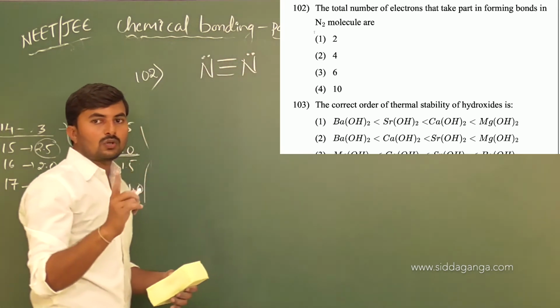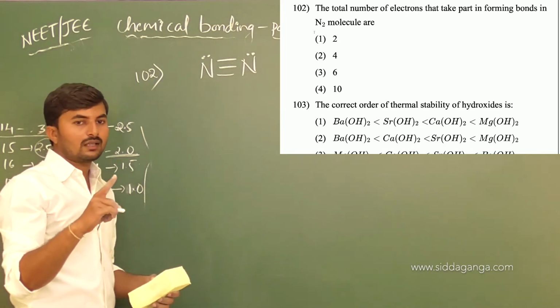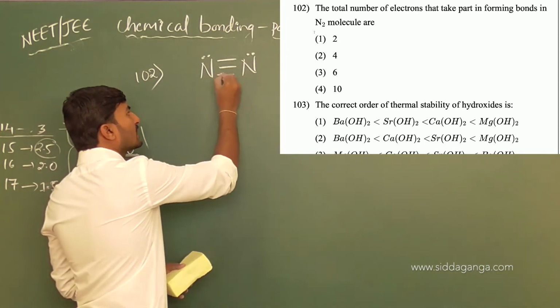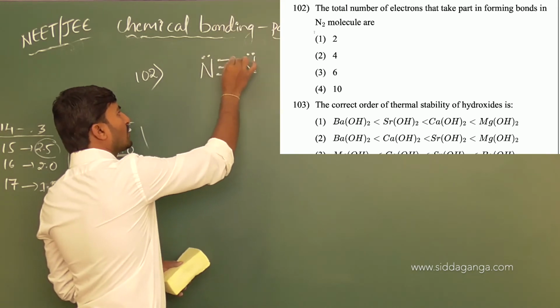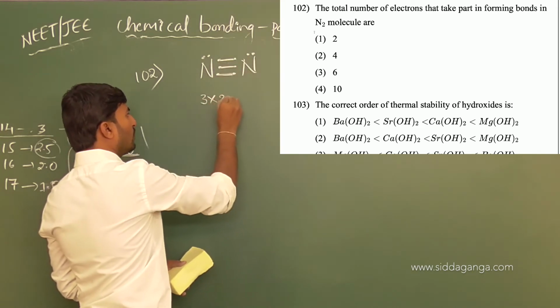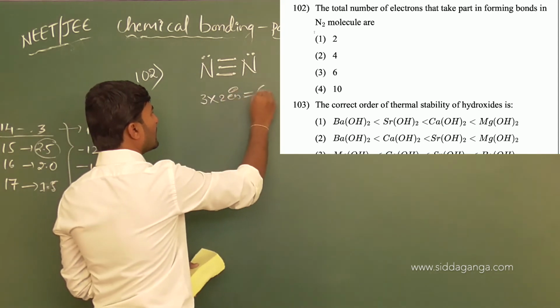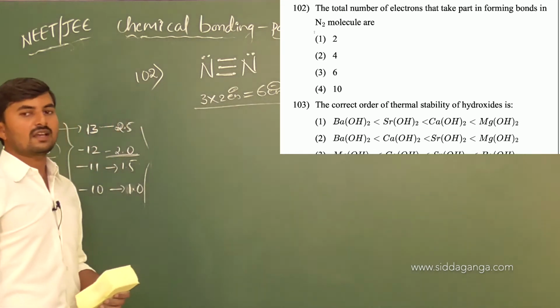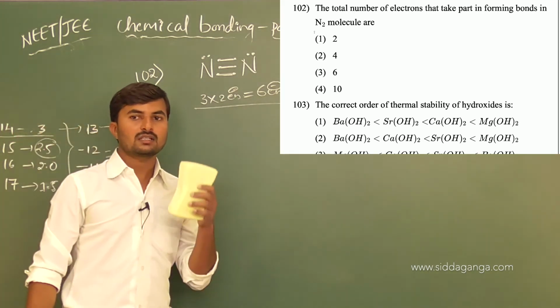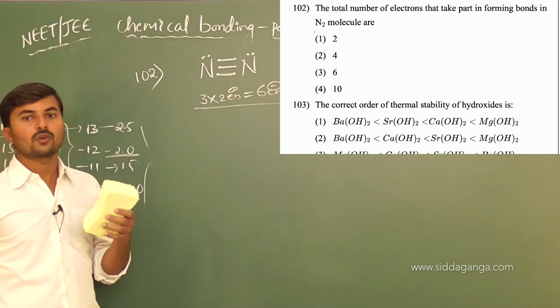They are asking the total number of electrons. 3 bonds means each bond is composed of 2 electrons. 3 bonds means 3 into 2 electrons, that is 6 electrons. In the N2 molecule there are 6 electrons. That 6 electrons take part in forming the bonds.